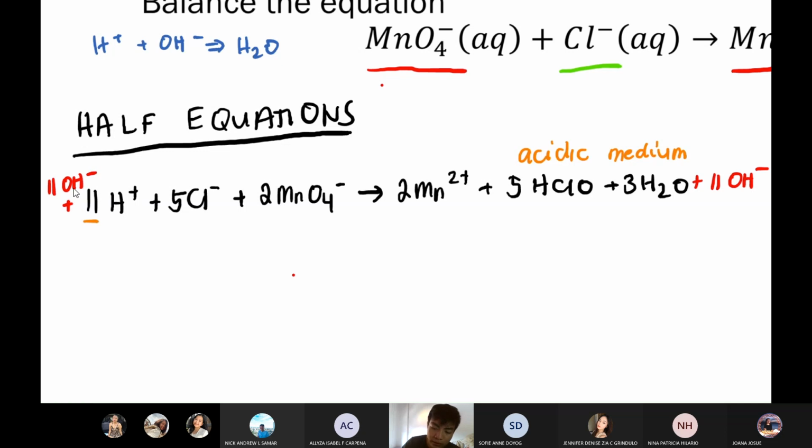And I know that these two, itong dalawang to, they will react to form water. How many water? 11 din. Kasi kung 11 yan, 11 to, 11 din yun. Okay? Lagpas na pala yung 11, 11. Ayan. So, 11 na yung ating water. Let me copy everything else.